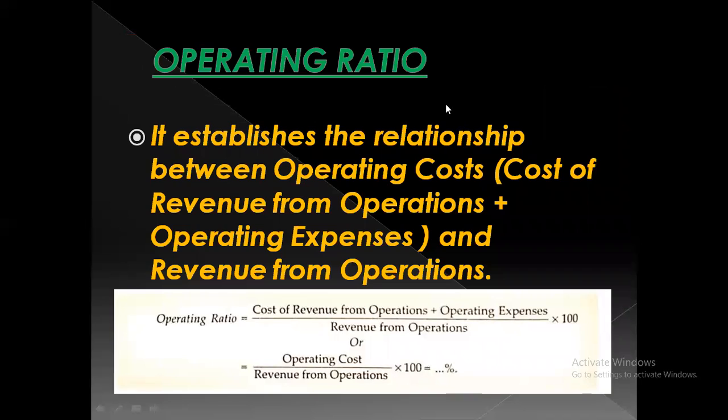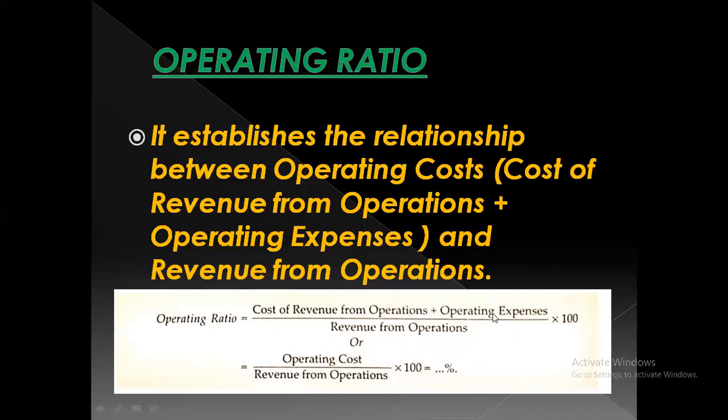Now, operating ratio. Operating ratio means operating cost. Operating ratio indicates the relationship between the operating cost, which is also known as cost of revenue from operation plus operating expenses, and the revenue from operation. So the formula for operating ratio will be cost of revenue from operation plus all operating expenses.